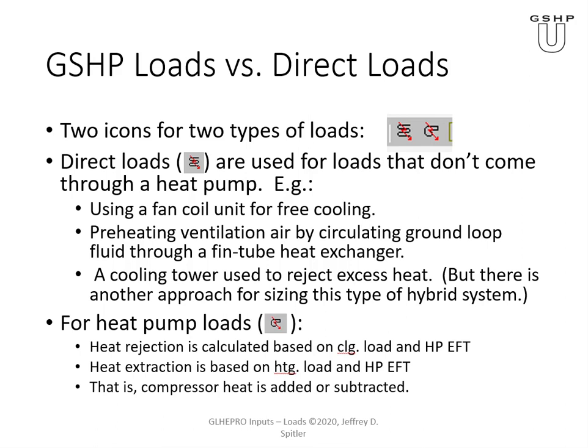So one example would be if you're building an apartment building in a place like Stockholm, Sweden, where typically they, first of all, don't use reversible heat pumps. They use heat pumps that only provide heating.